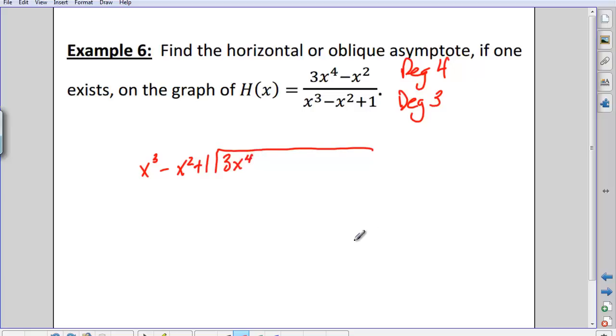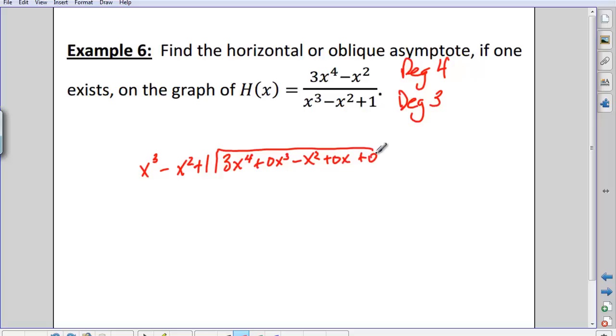When you set this up for the numerator, you have to put placeholders in for the missing powers of x. I've got x to the 4th, I don't have an x cubed term up here, so I'm going to put in a placeholder 0x cubed and then minus x squared, and then plus 0x plus 0.